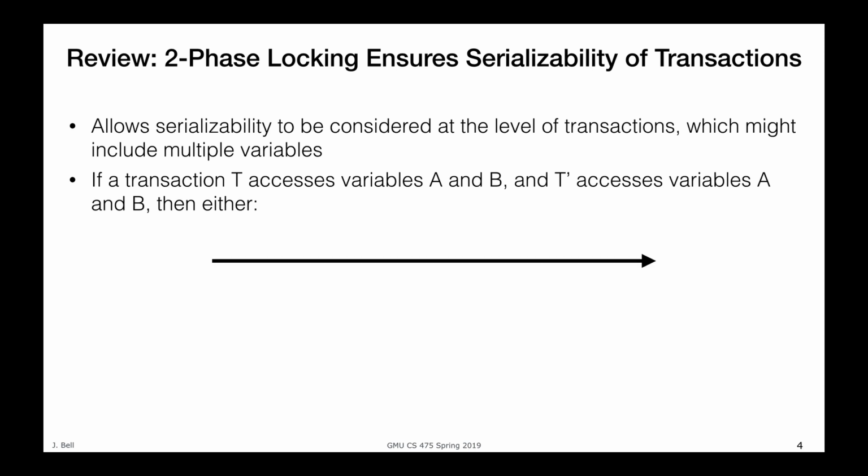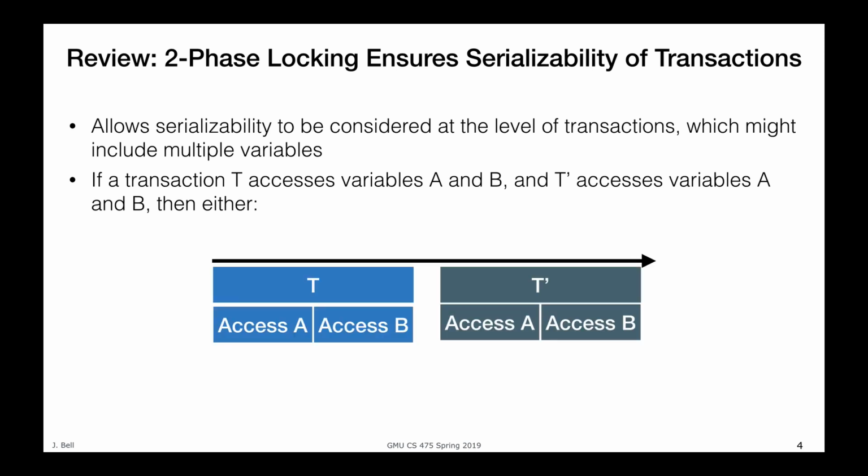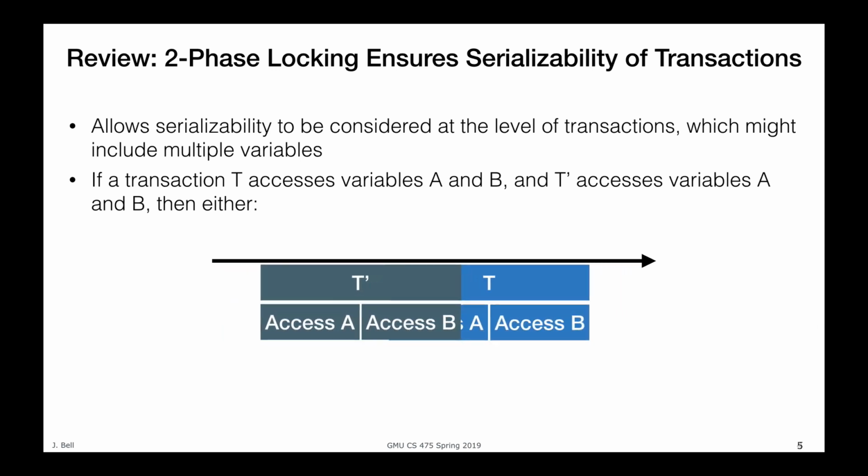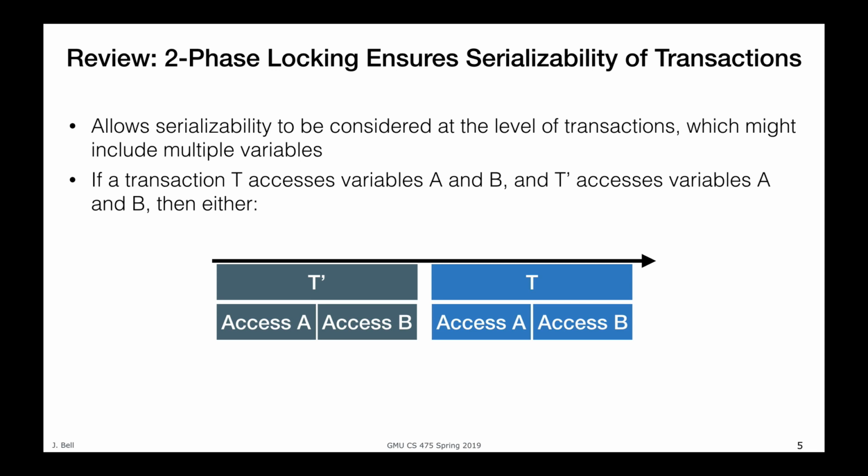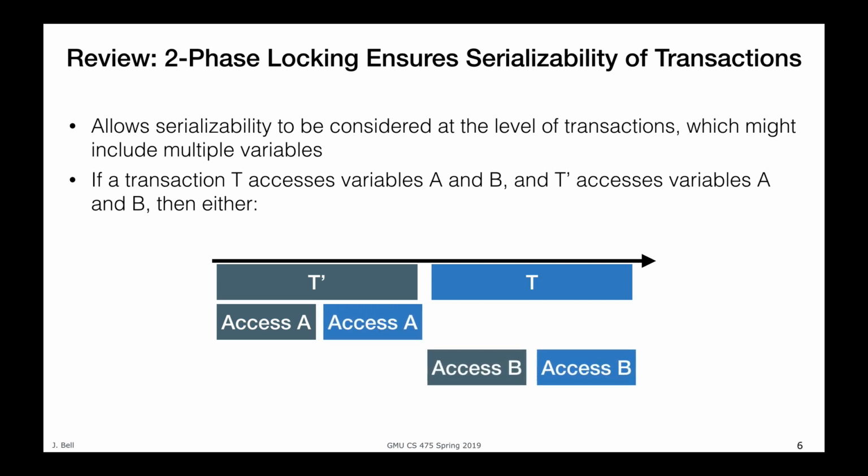So either T happens before T prime, and T accesses A and B, and then T prime touches those two, or T prime happens first.